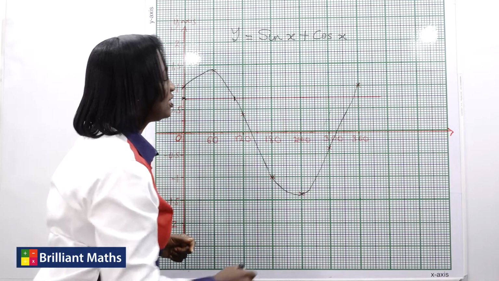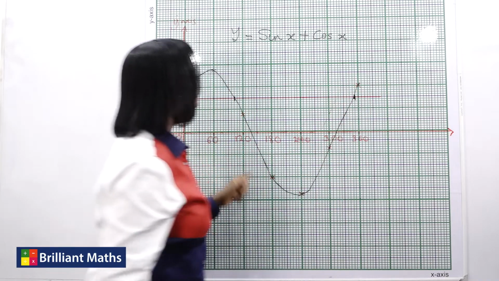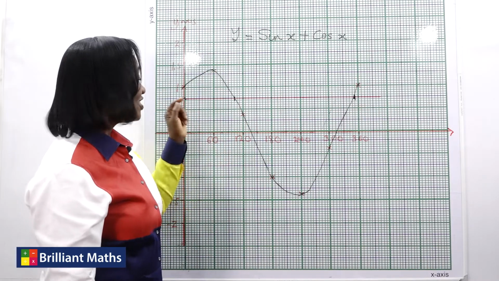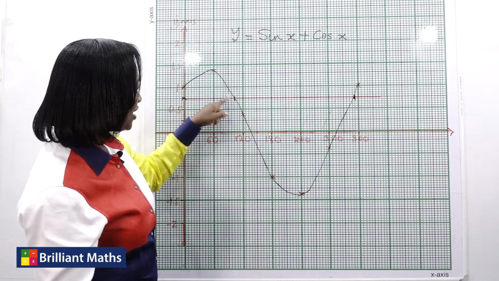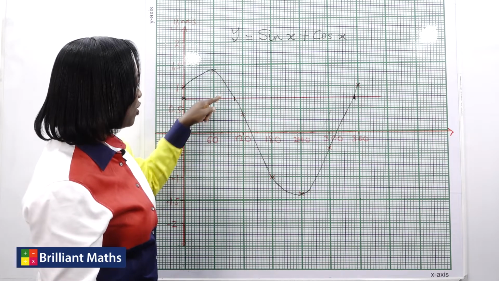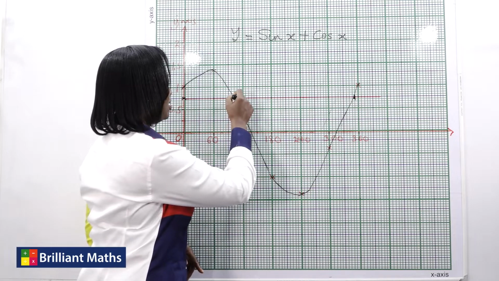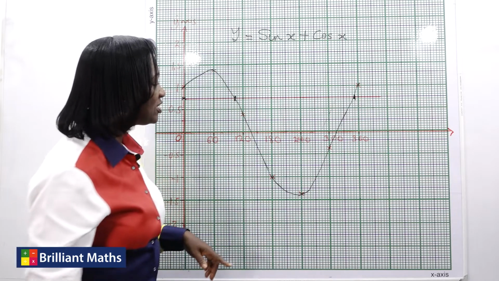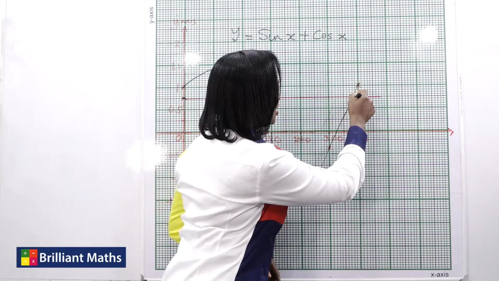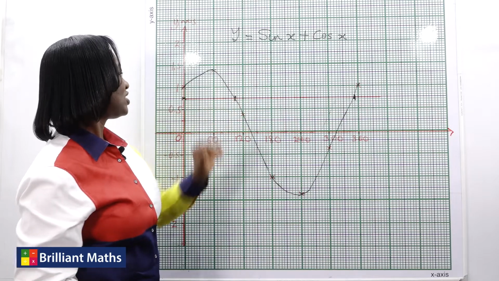At this point, and at this point. What are the values of x? From the graph, the first x value when the sum of sine x and cos x is equal to 0.75 will be 102 degrees. So x is equal to 102 degrees, or x is equal to 348 degrees. At those two values of x, sine x plus cos x is equal to 0.75.